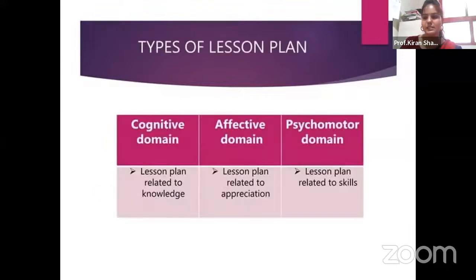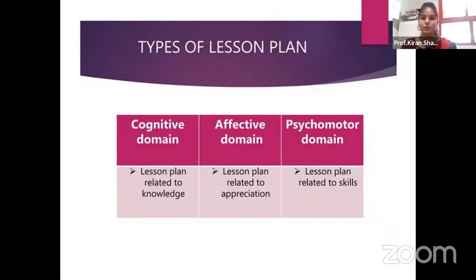So now next comes the types of lesson plan. Basically there are three types of lesson plan: one is cognitive domain, the second is affective domain, then psychomotor domain. In the cognitive domain, you prepare a lesson plan which is mainly focused on the knowledge part.